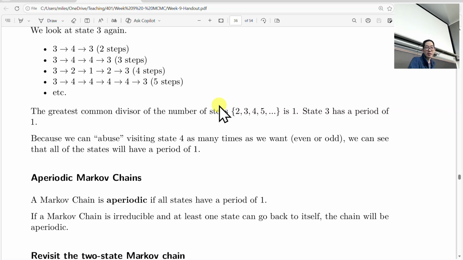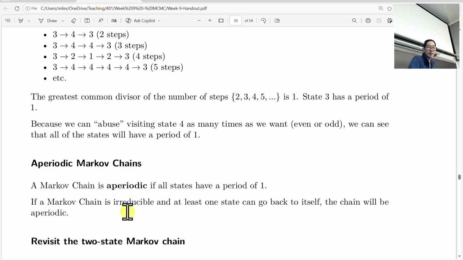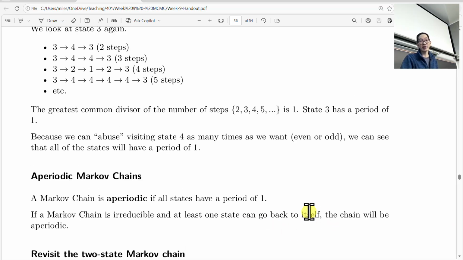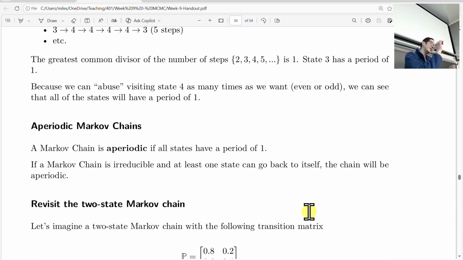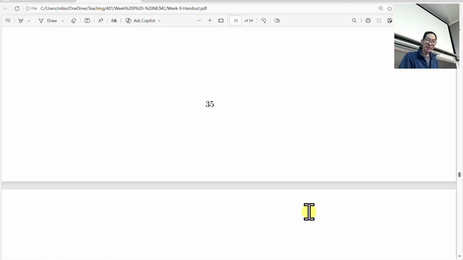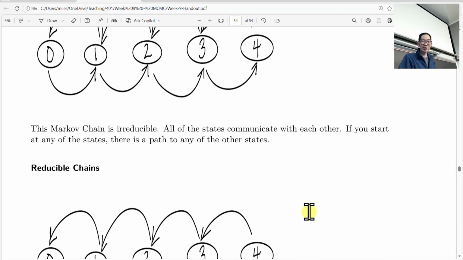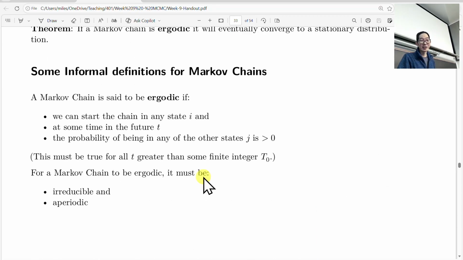And if a Markov chain is irreducible and at least one state is able to go back to itself, the chain will be aperiodic. If it's irreducible and aperiodic, then it's going to be ergodic.